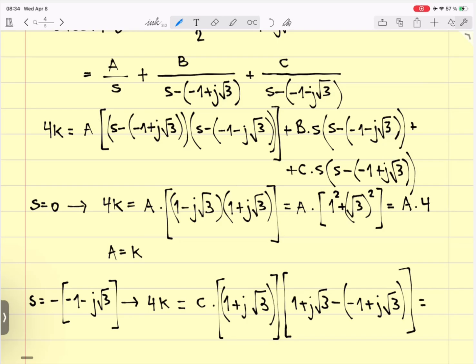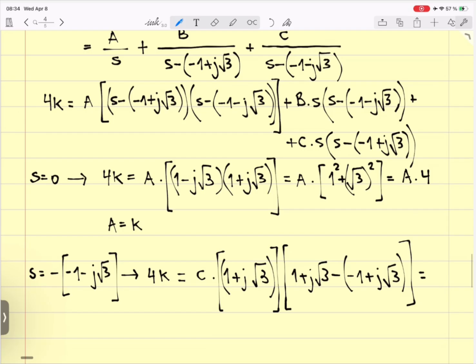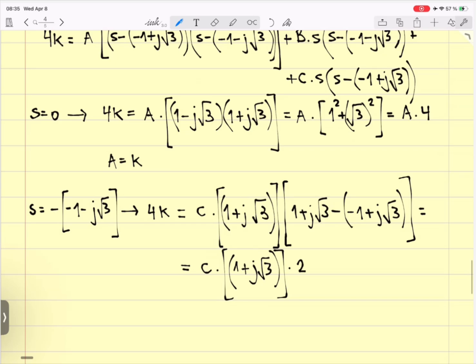So this yields c times (1 plus j square root of 3) times 2. Okay, so we can say that c equals 2 times k divided by (1 plus j square root of 3).